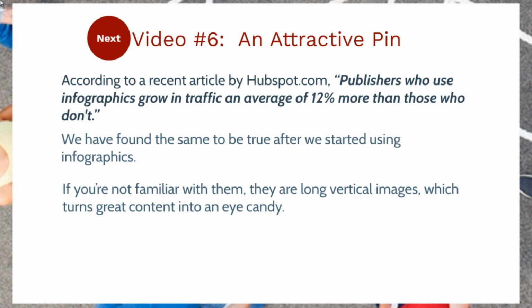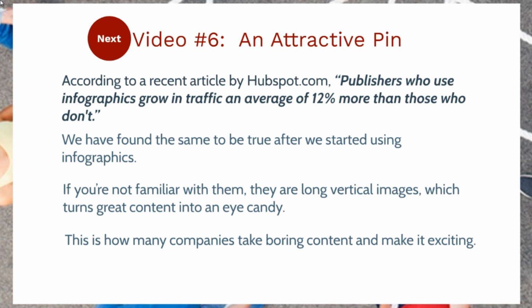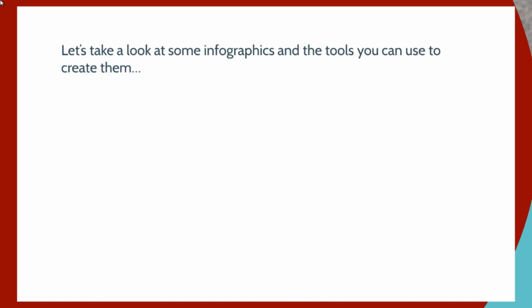There are many different types of infographics, and we'll show you in just a second what they look like and how you can go about creating your very own infographic. This is how many companies take really boring content and make it exciting. So let's take a look at some infographics and the tools that you can use to create them.